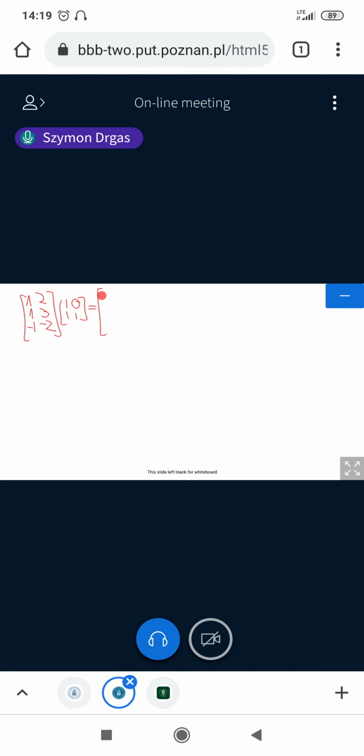So the 1, 1 entry is the first row times the first column, so it is 1 times 1 plus 2 times 1, so 1 plus 2 is 3. Then the second entry in the first column is the second row times the first column, so it is 1 times 1 plus 3 times 1, so 1 plus 3 is 4. And finally we have negative 1 plus negative 2, it will be negative 3.